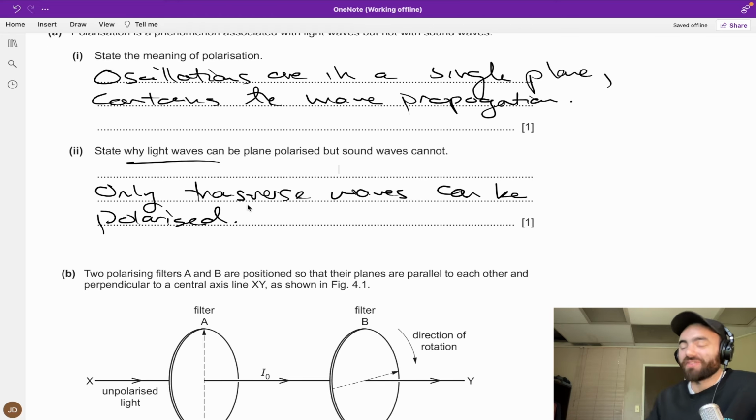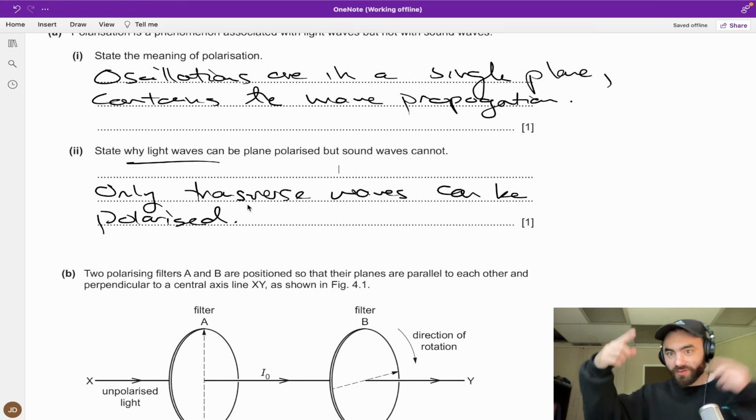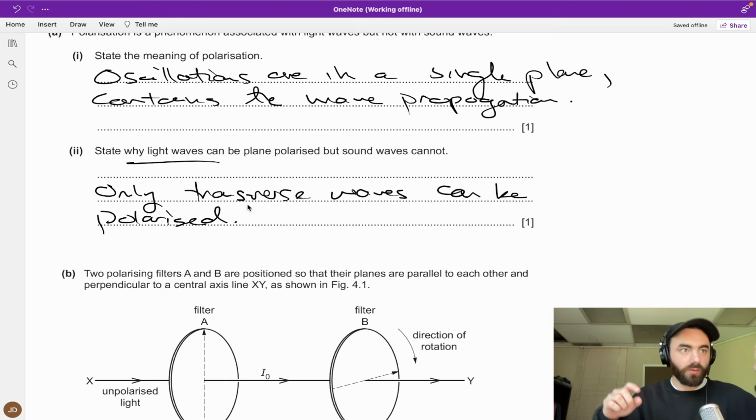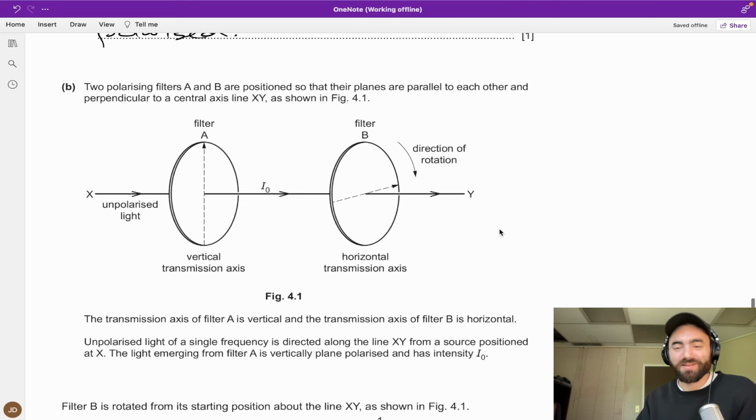If I had a string and I was flicking it up and down, and then it went through a vertical slit, no matter which way I flick it, when it goes through the slit, it's going to be polarized. On the other side, it's only vibrating in one plane. If I do a pulse, like a longitudinal wave along the direction of the wave, no matter where I move it, because it's along the propagation of the wave, the pulse is just going to go right through. So you can't polarize a longitudinal wave. Probably a terrible explanation.